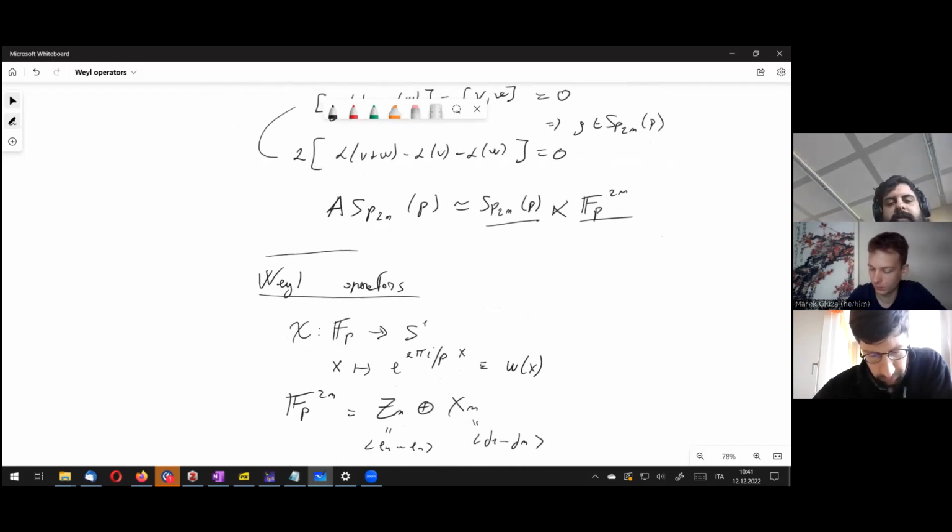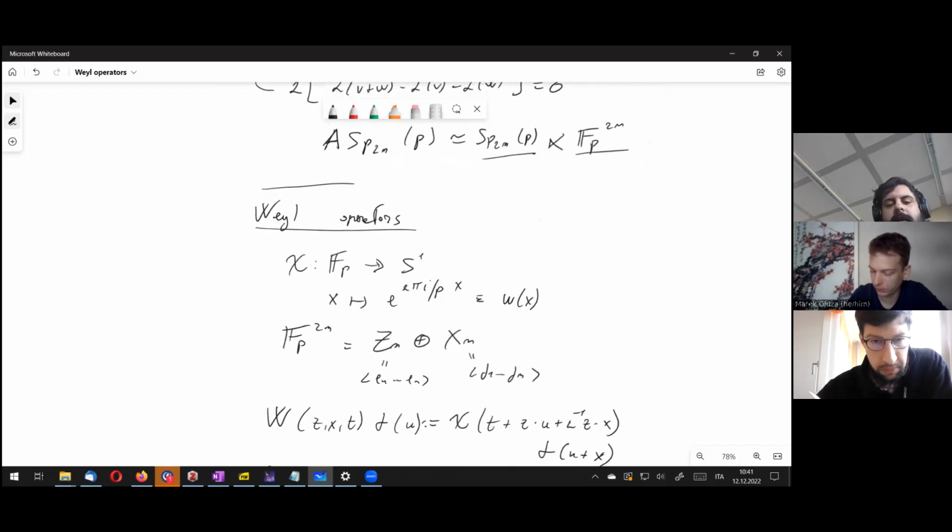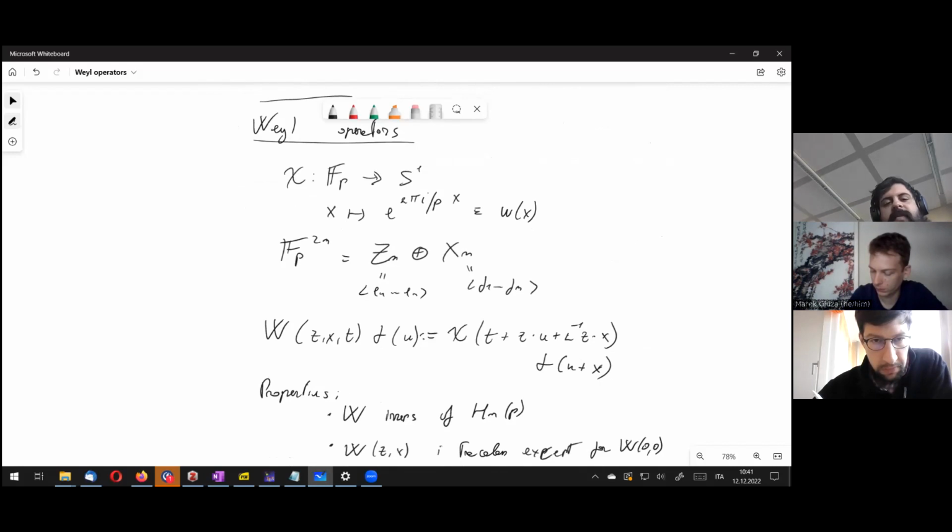And lastly, we introduced representations for the Heisenberg group that are given by Weyl operators. The way to construct them is to introduce a character of the base field and the polarization of the discrete phase space. These Weyl operators are given by this condition here.